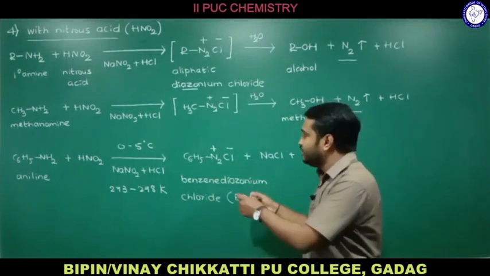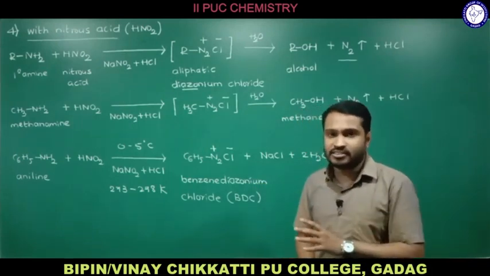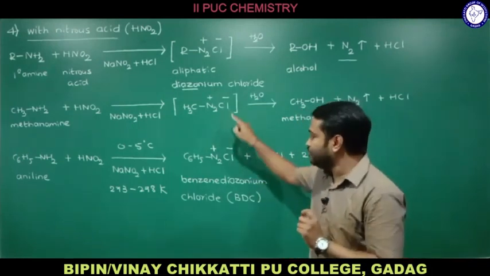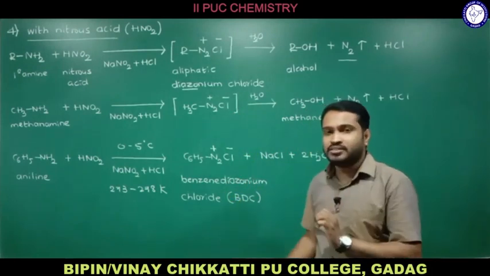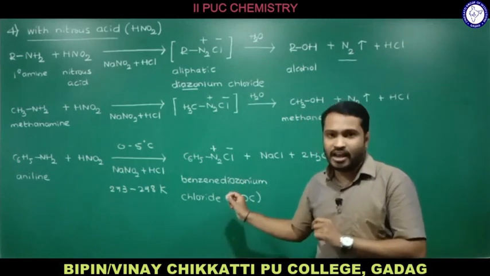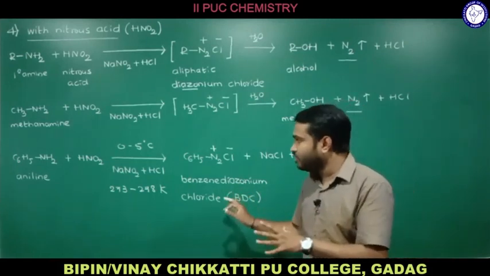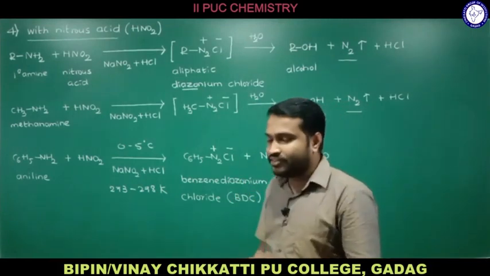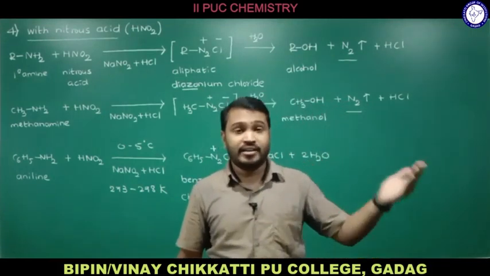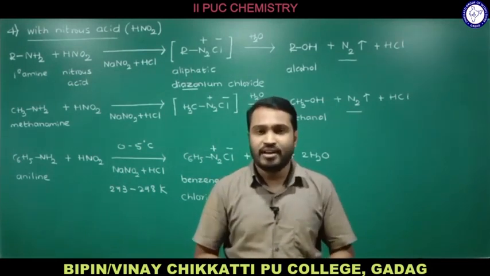Once BDC is prepared, different kinds of reactions can be carried out. In one simple sentence, it is stable because it is resonance stabilized, and how it is resonance stabilized we will discuss later. Right now remember that benzene diazonium chloride is quite stable, whereas aliphatic diazonium chloride is unstable. That is the reaction of amines with nitrous acid.